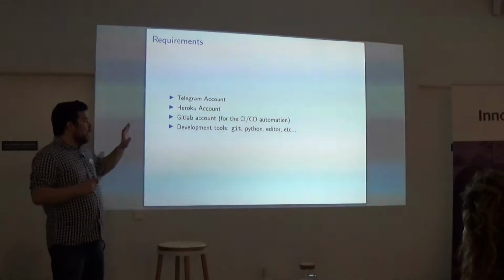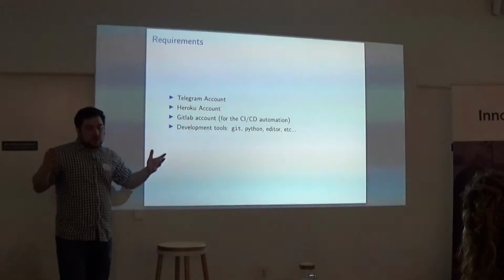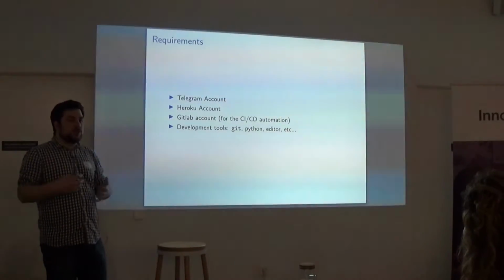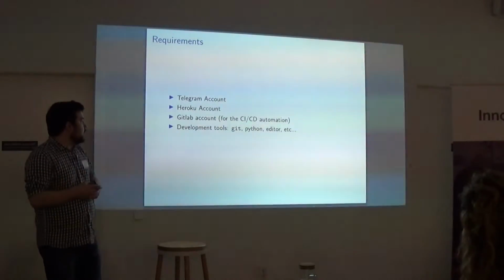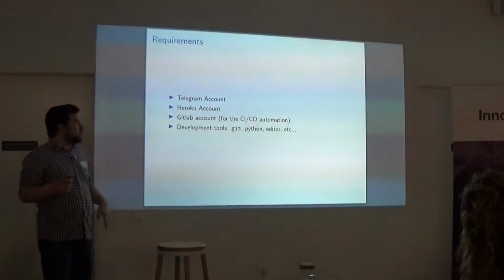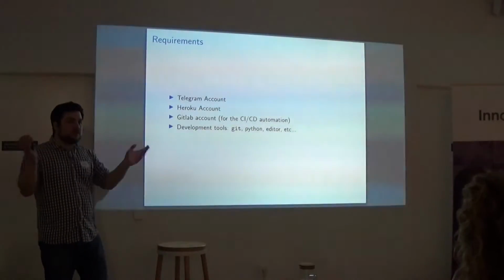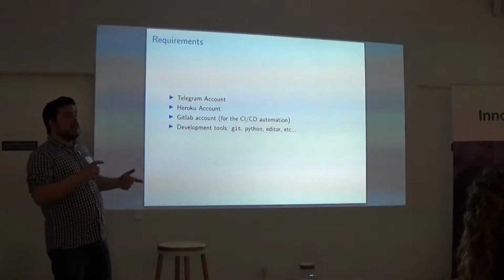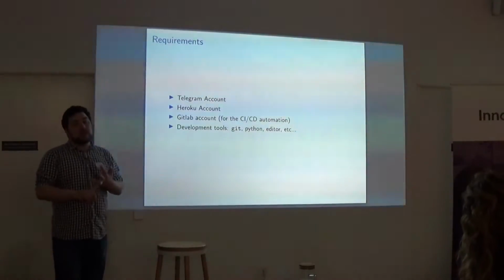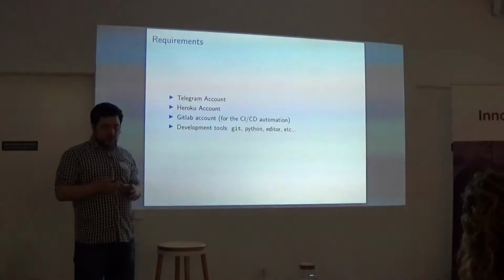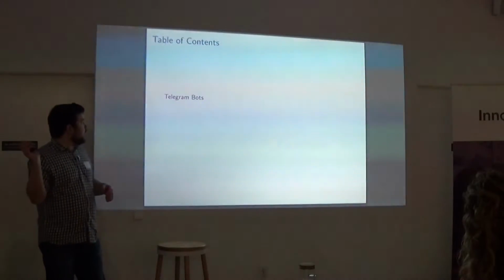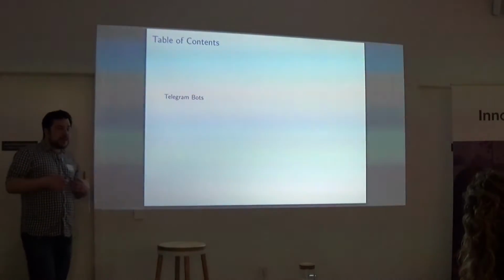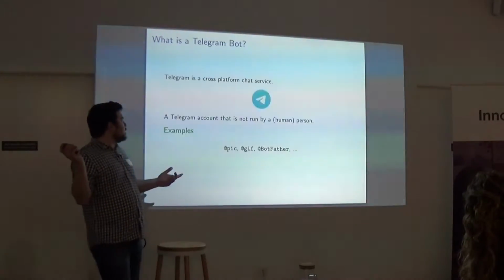You can use any platform that allows you to run code every time you push. But this is how I did it. Feel free to modify and use it in any of your platforms of use. And then, of course, we'll need Git, we will need Python, and we need a code editor. Nothing too fancy here. So let's take a look first at Telegram bots, what they are and how they work.